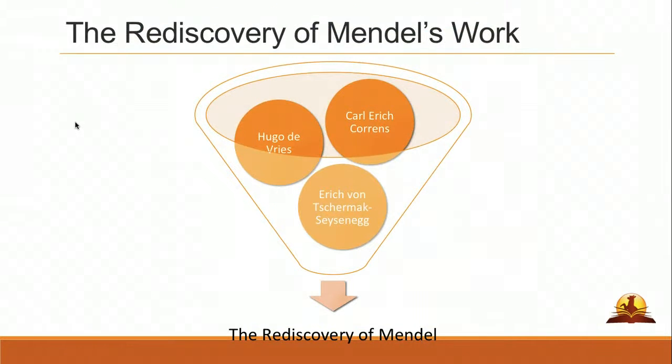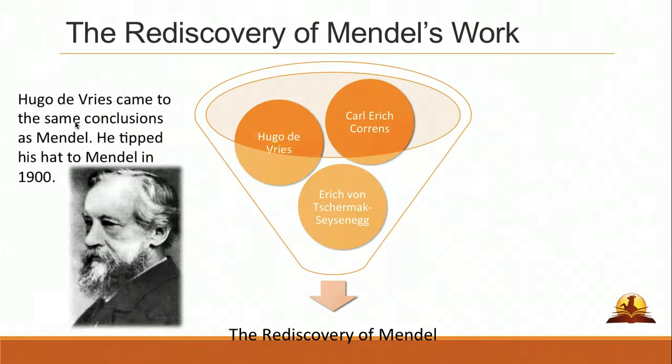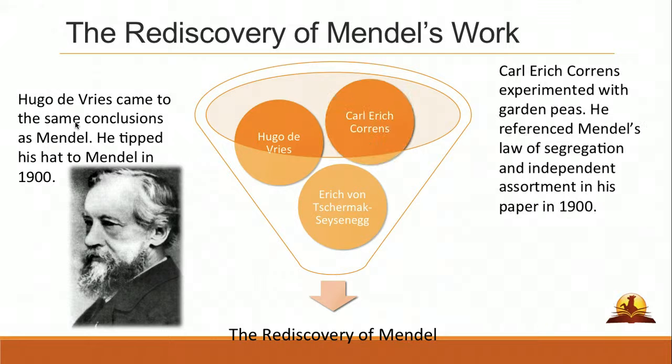So he did this for a while, and it took like 34 years until his work got verified and actually accepted by the scientific community. Here are three names you need to know. Hugo de Vries came to the same conclusions as Mendel in 1900 and said Mendel was right. Carl Erik Correns also experimented with garden peas, and he proved the law of segregation and independent assortment in his paper in 1900.